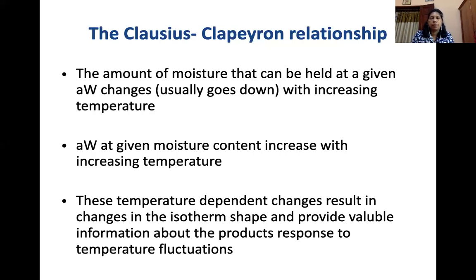Though it's a packed product, a biscuit or whatever, you can see the water activity is fluctuating. Fluctuating means water activity is increasing. What would happen to the product when water activity increases? Product stability goes down, and therefore your product cannot be kept for as long as at 20 degrees centigrade.